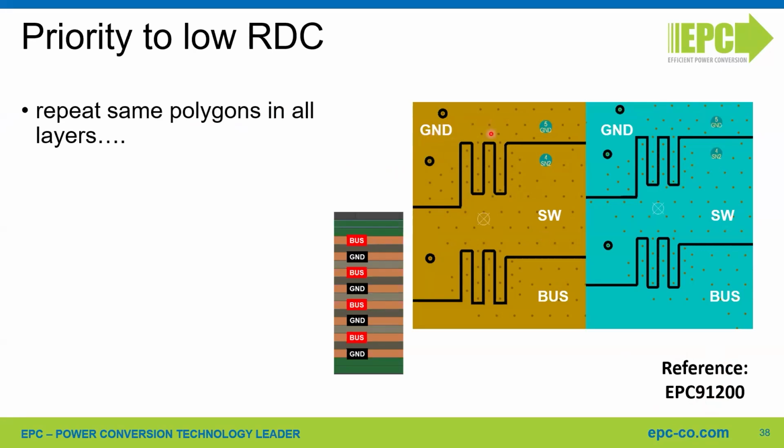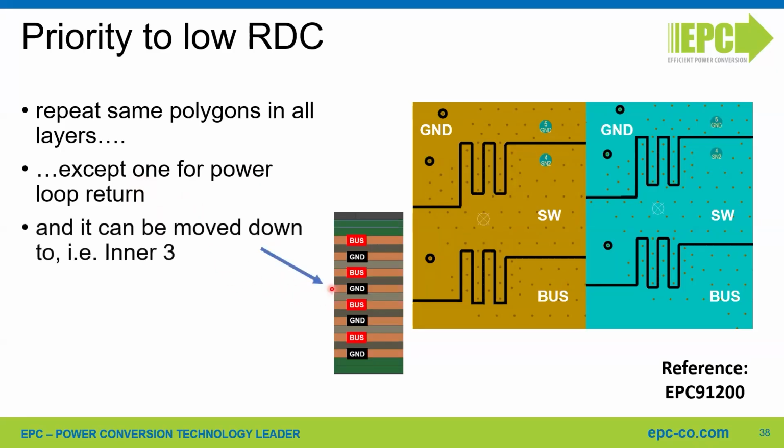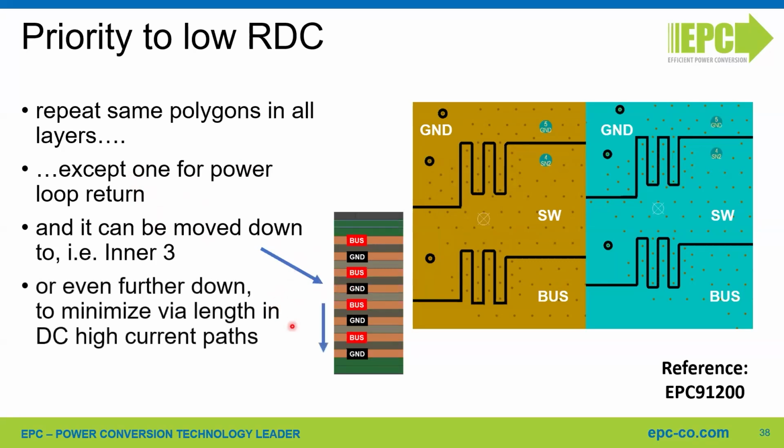You have ground on top, switching node in the middle, bus voltage in the bottom, and those copper polygons are repeated in the first few layers to parallel them and to keep also the vias connecting them as short as possible. With the exception of one, which is still needed for the power loop return. So this one can be, for example, in the third inner layer, but can also be moved further down to minimize the length of the vias and to reduce the DC resistance.